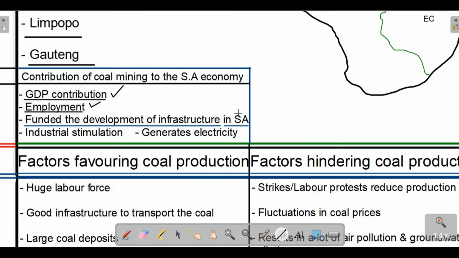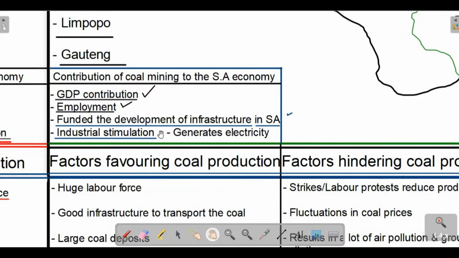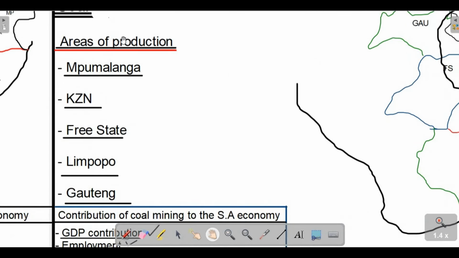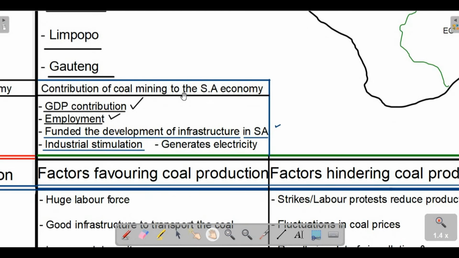So coal mining as well funded the development of infrastructure in the country, as well as industrial stimulation. You have companies that developed because of the discovery of coal, for example, Eskom or Sasol. Sasol makes petrol because of coal. Remember, coal is a raw material, okay, and so they process that raw material and turn it into different products.